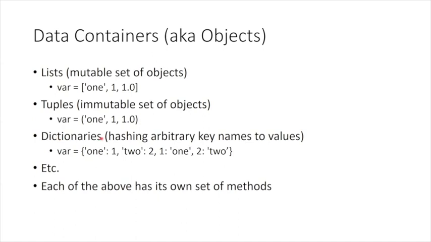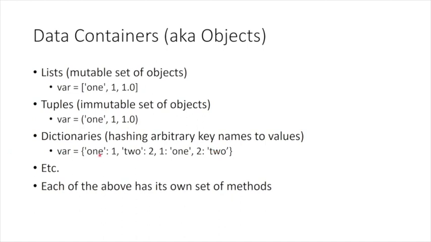Finally, you have dictionaries, and dictionaries match a key to a value. In this case, we're going to match the integer 1 to the key string 1, and the integer 2 to the key string 2.